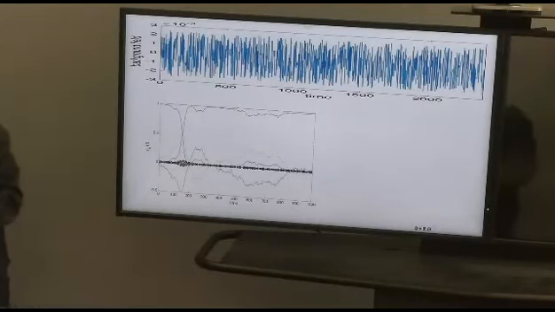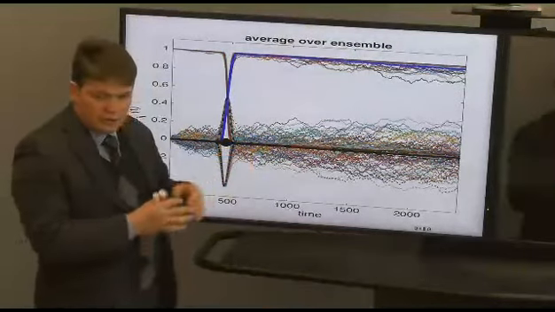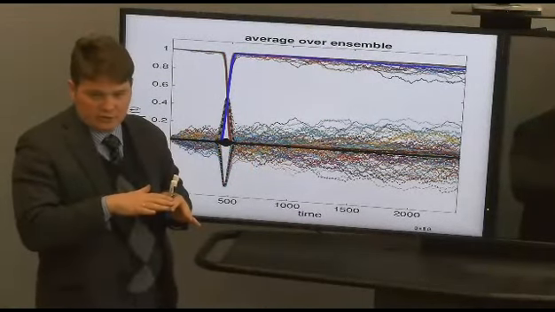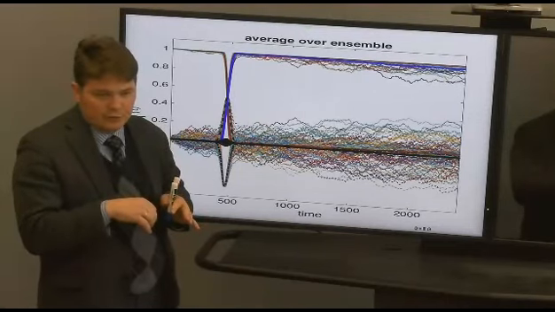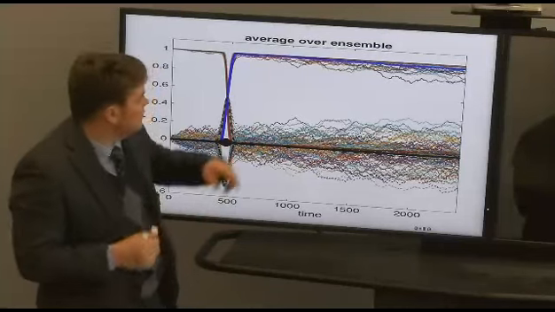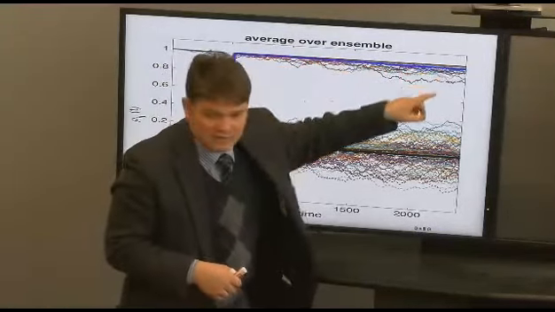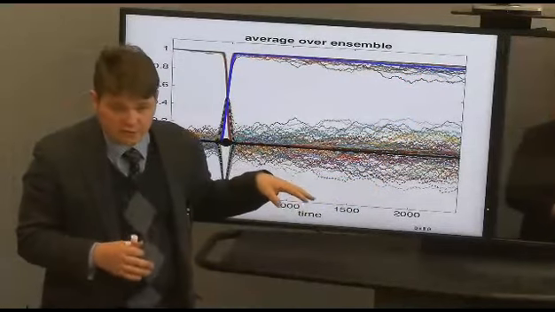But if we repeat the same modeling with an average over ensemble of such trajectories, where each trajectory experiences a different realization of the noise pattern, then this thick blue line shows continuous decrease with a more or less constant rate.